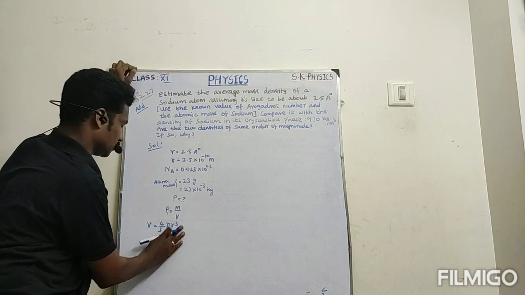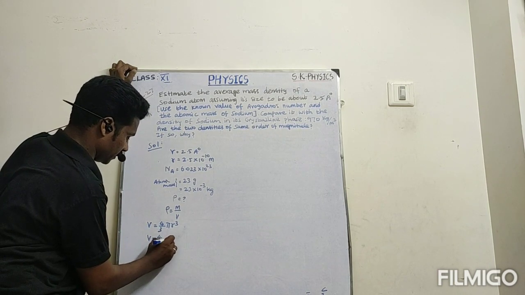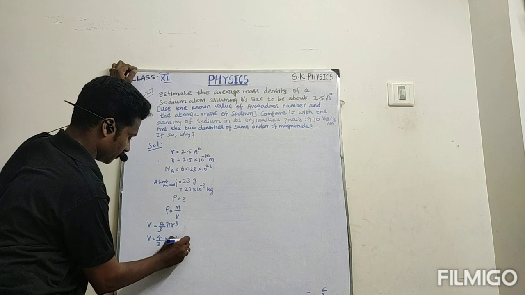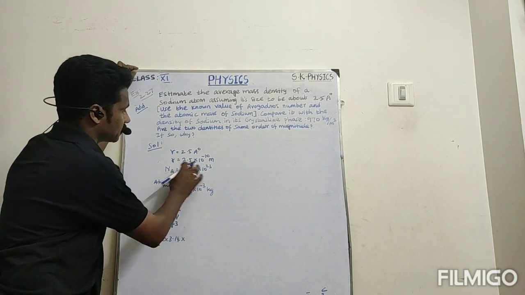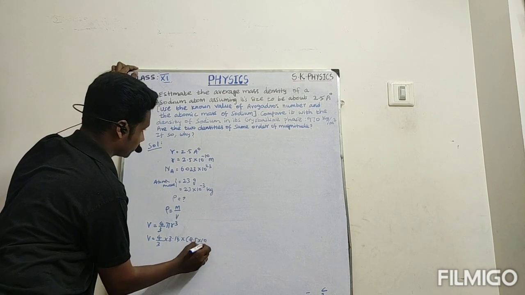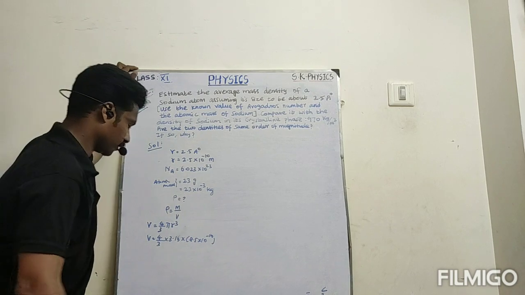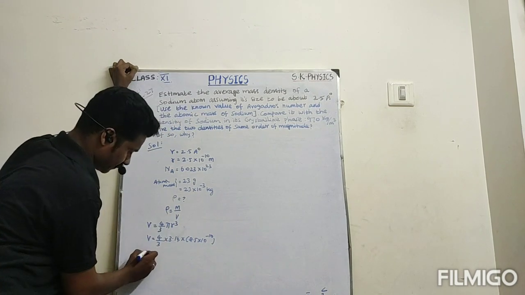So now I can write here, volume is equal to 4 by 3, pi value 3.14, into radius cube. The radius is actually 2.5 into 10 power minus 10 meter. This value I already simplified.